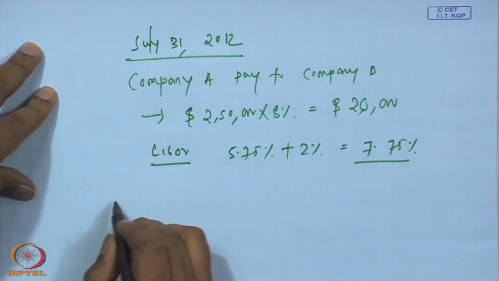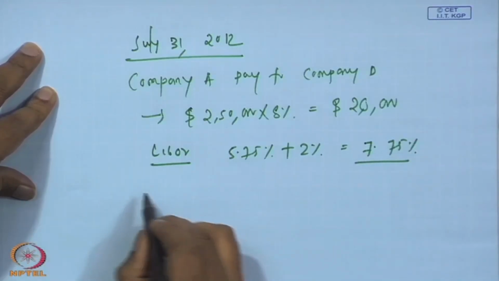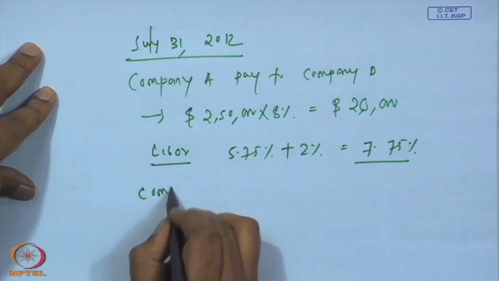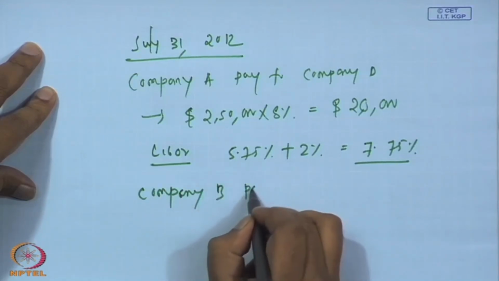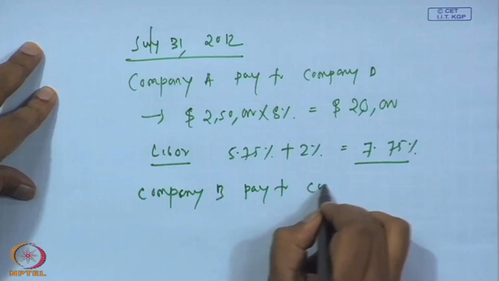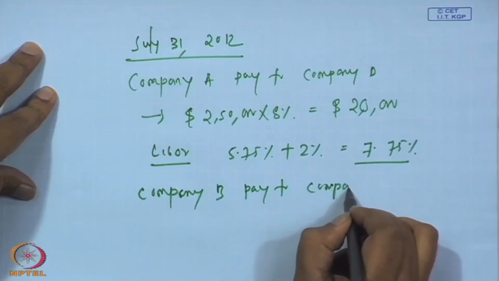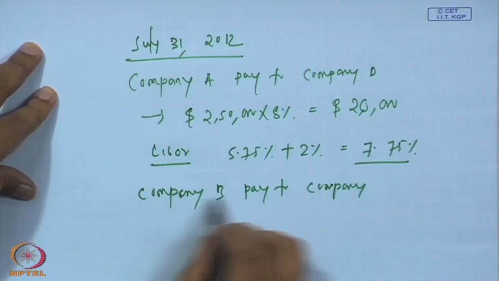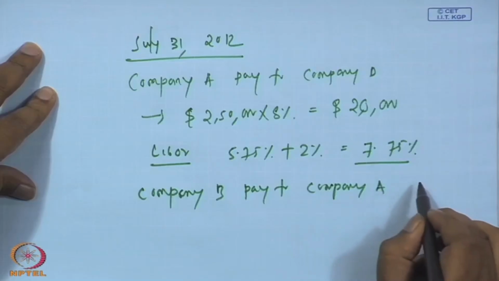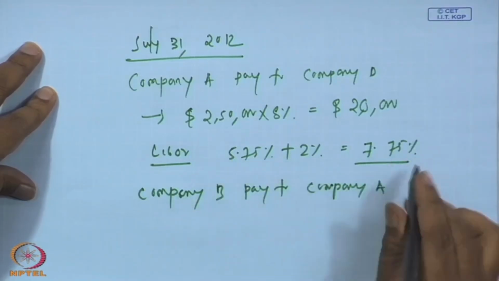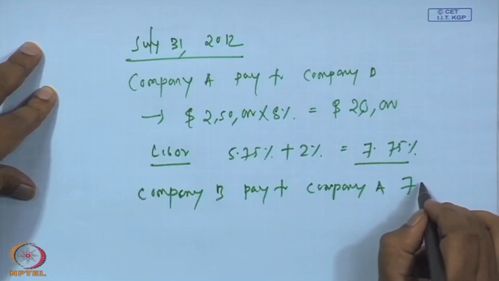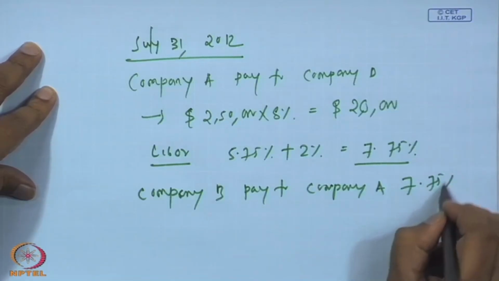So, what will company B pay now? Company B pays to company A how much? Now, LIBOR plus 2%, LIBOR is 5.75, 2% extra, so company B will pay to A 7.75%.